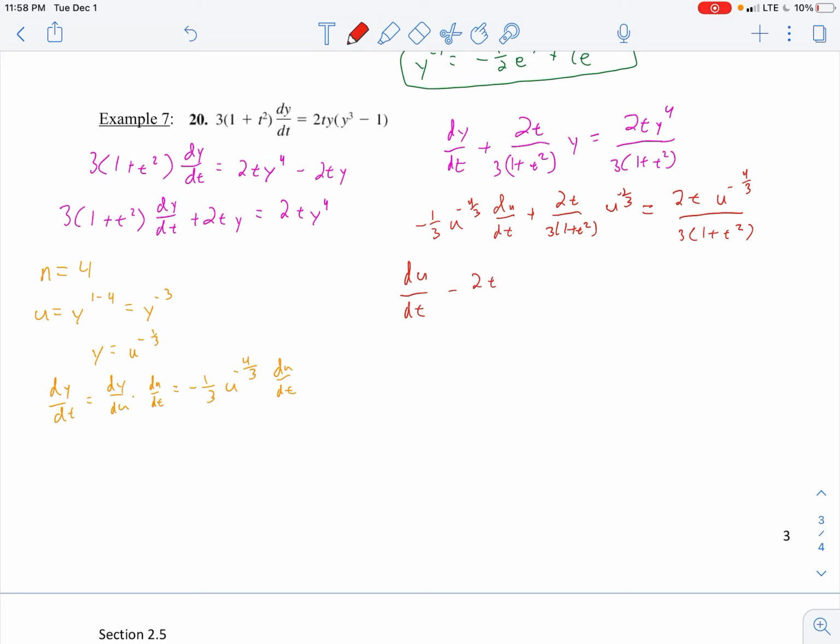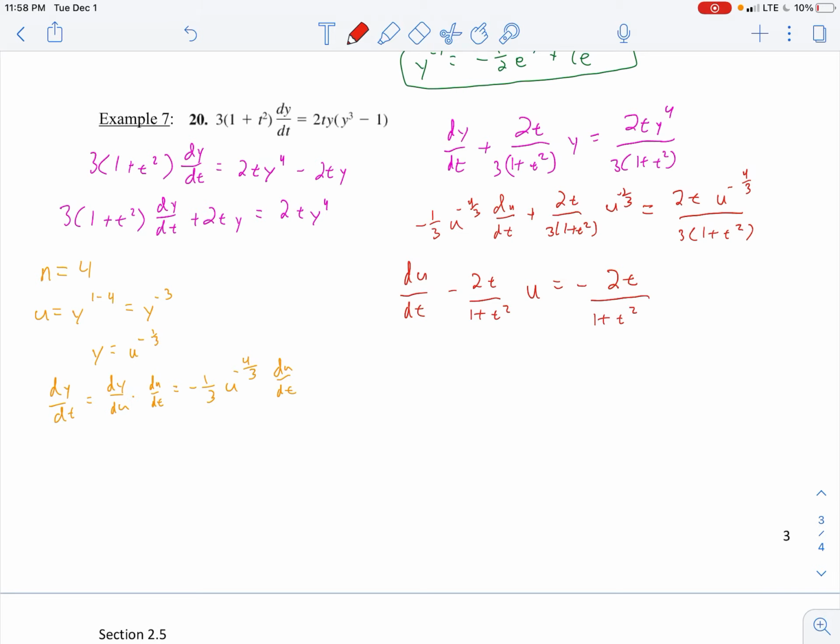We're still going to have 2t over 1 plus t squared, but then it's just going to be u to the first power, which is what we want. And then we're going to multiply by negative 3. So we're going to get negative 2t over 1 plus t squared, and the u's are going to cancel each other out on the right-hand side.